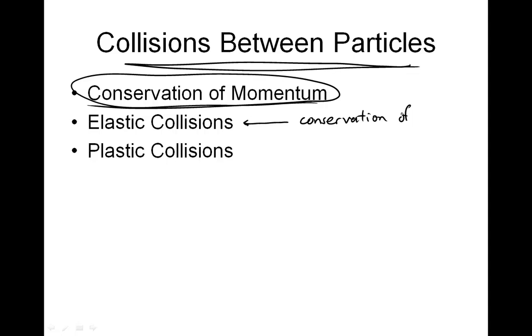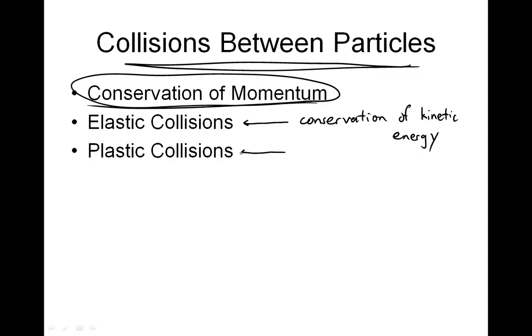That's only in an elastic collision. A good example of a fairly elastic collision, not perfectly, but pretty close, is a billiard game. When you take two balls and they strike each other, or even three balls, then the total momentum before the collision and after the collision will be the same.